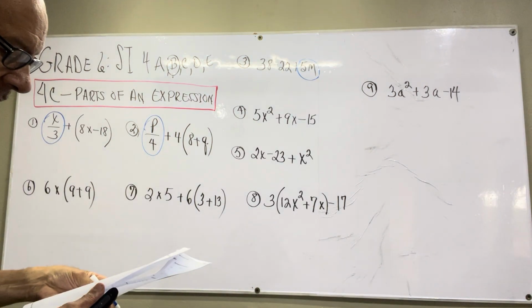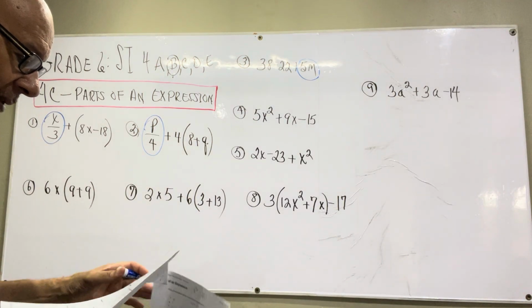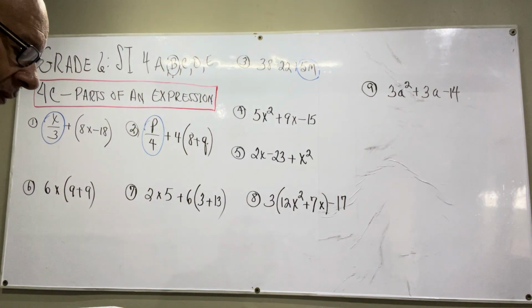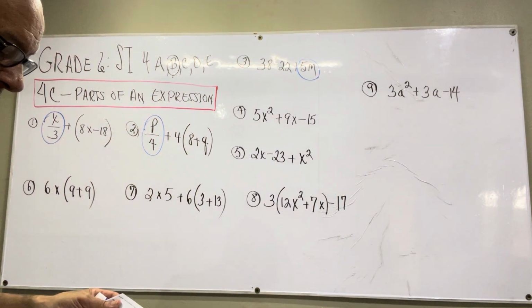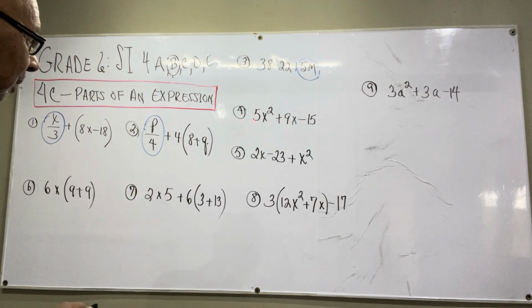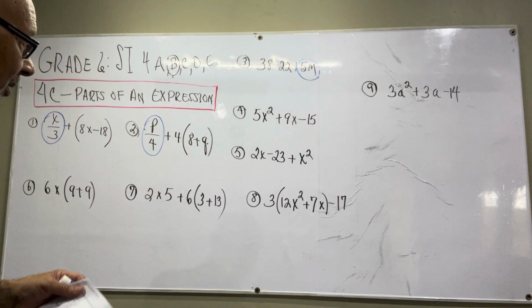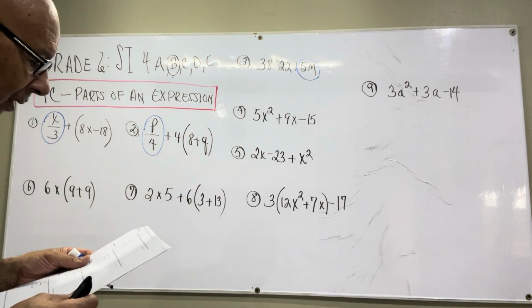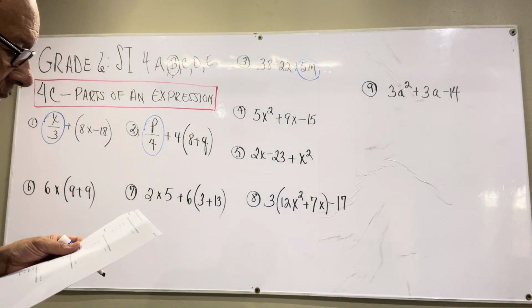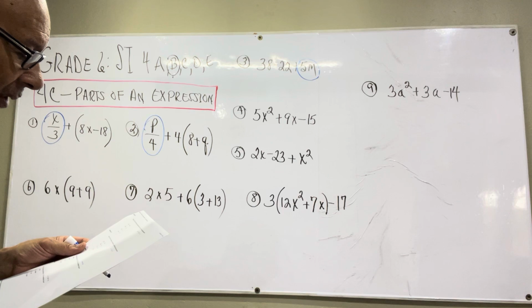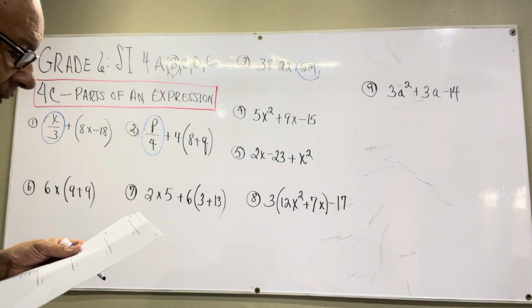So the next one, this will go fast. So I have 3 terms. 5x squared is 1 term, 9x is a 2nd term, and 15 is a 3rd term. So what are they asking me? Which of the following represents a term from the expression given?